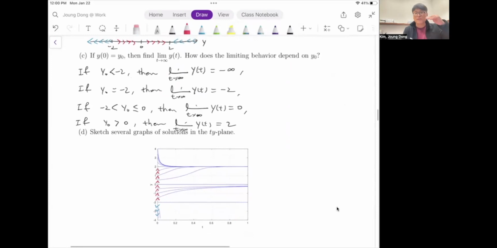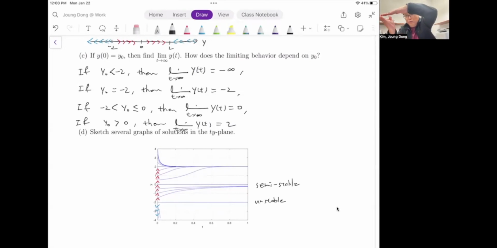That is the meaning of semi-stable, right? For your record, let me write it. And this is unstable, right? Look at that. Any value bigger than 0 has a curve getting close to 2, which is the stable equilibrium solution, right? That's it.